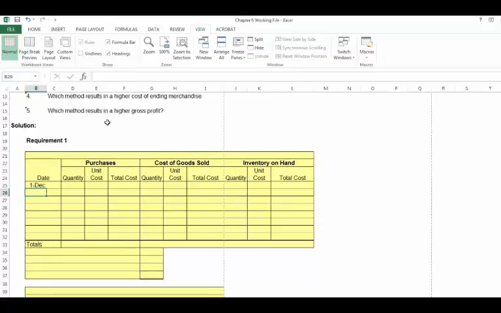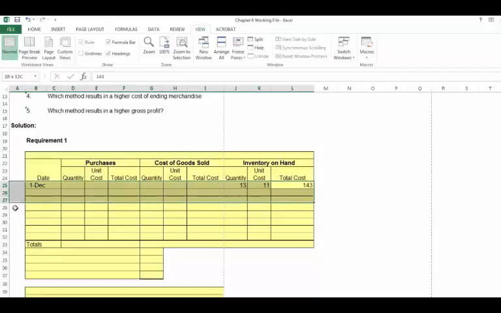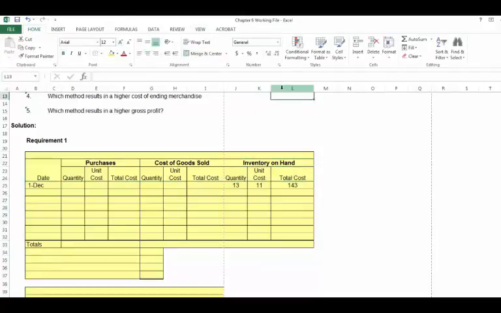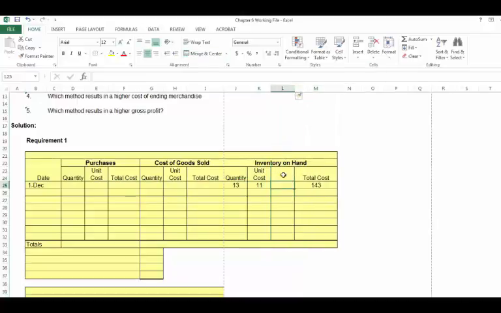And I'm just going to come over here to my inventory on hand and put what my beginning inventory was. We had 13 units at a cost of $11 each. So that gave me a total cost of $143. Okay, so that's my total cost right now. And we might need another column when we have more than one layer. So let's go ahead and add that in.